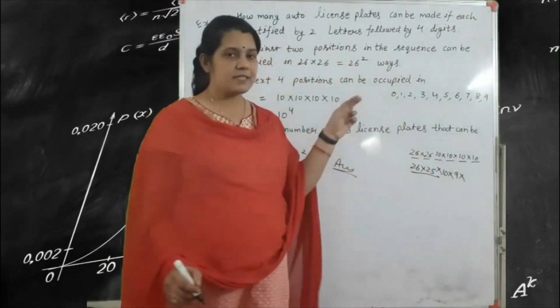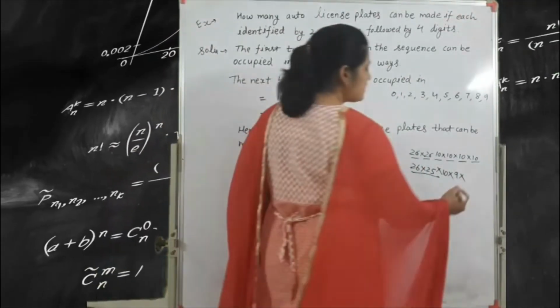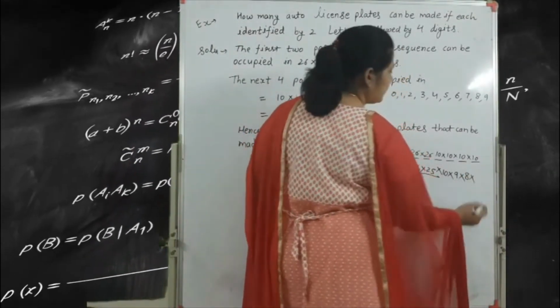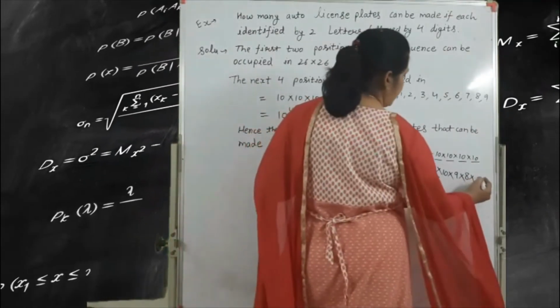Two digits are fixed here, so out of the total 10 the remaining digits are 8, and again we write 8. Then the remaining digit count is 7.